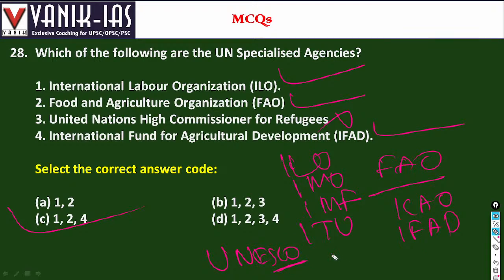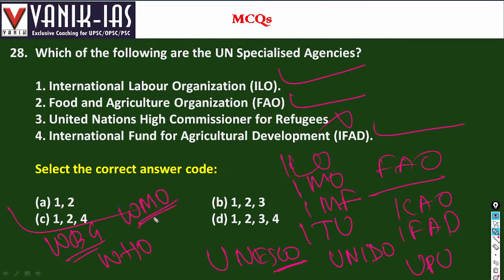The United Nations Industrial Development Organization, UNIDO. Then the Universal Postal Union, UPU. Then the World Bank Group, which is also a specialized agency of the United Nations: IFC, IBRD, IDA, ICSID. Then WHO, the World Meteorological Organization, WMO, and the World Tourism Organization, UNWTO, are also specialized agencies of the United Nations.